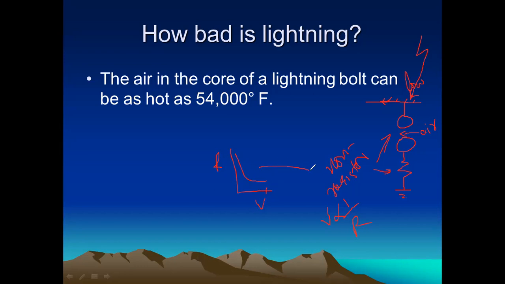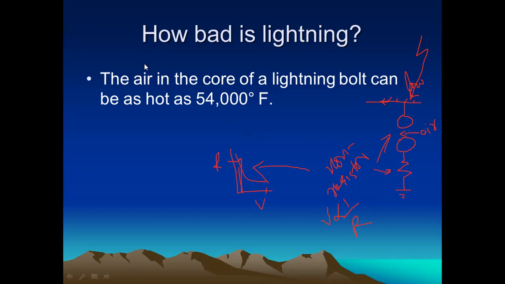So this is actually a non-linear resistor. And if we have low voltage, then its resistance must be high, so that the normal or low voltage may not pass through it. Okay, there are many other types of lightning arrestor as well. So that was only one example of a lightning arrestor.